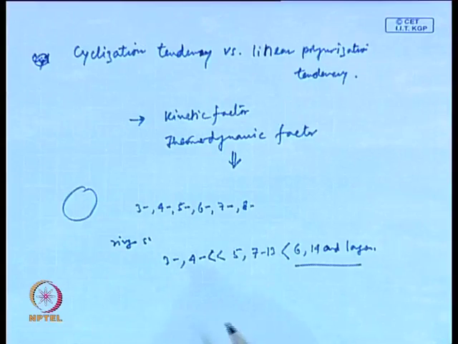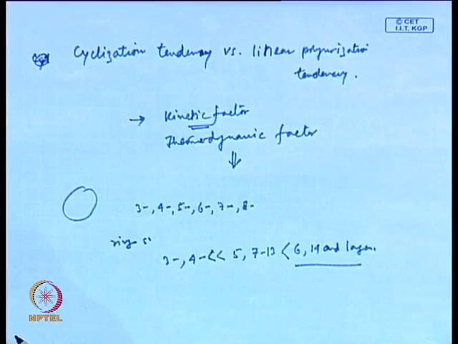What we will discuss in the next class is taking this ring size forward. We know that the thermodynamic factor, the ring size, determines the stability and guides the tendency of formation. We will talk about the kinetic factor in the next lecture, and then compare quantitatively what factors we should take care of to reduce cyclic formation.